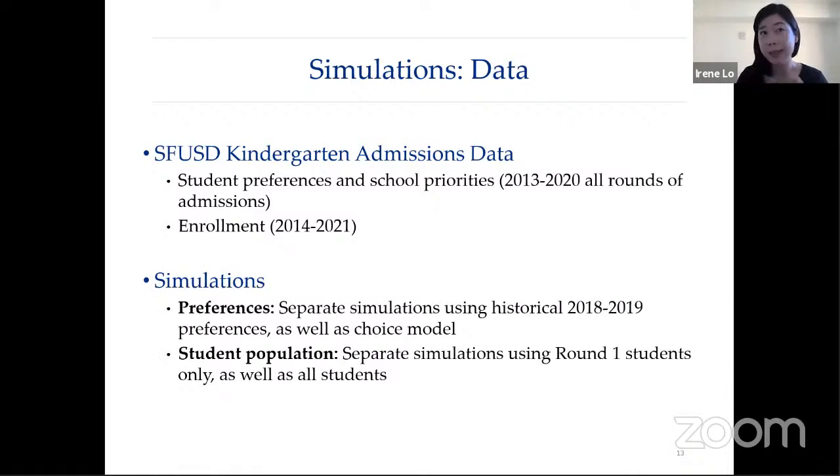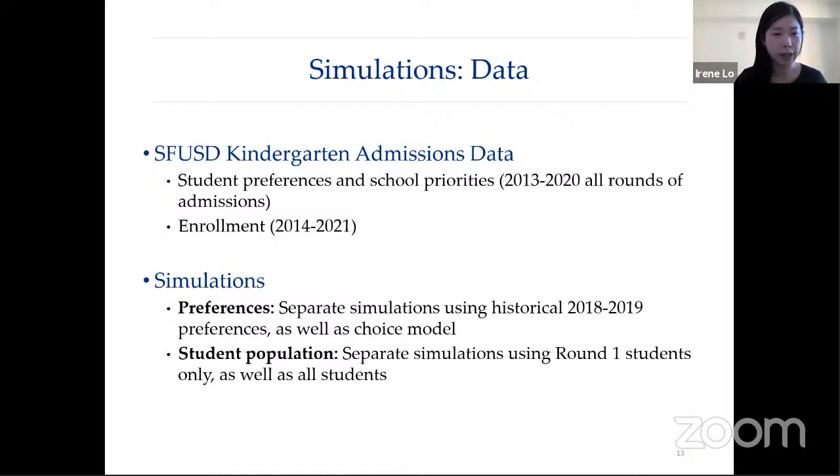How we're going to use this data is we're going to look at preferences. We're going to use a predicted choice model using the 2018-2019 preferences, as well as a predicted choice model using all years of data, as well as the actual stated choices from the 2018-2019 school year.